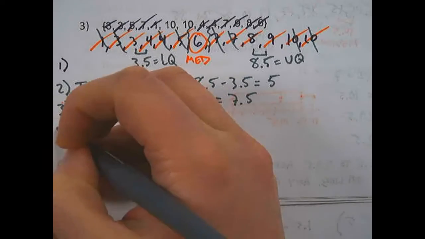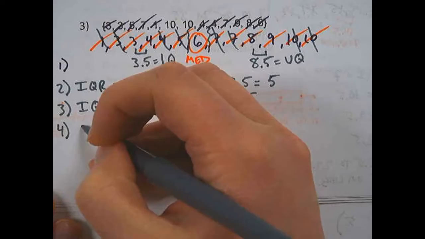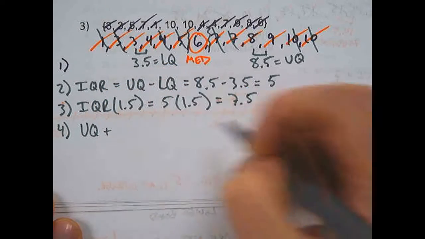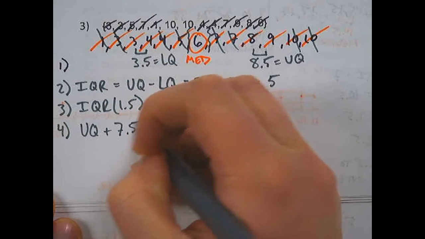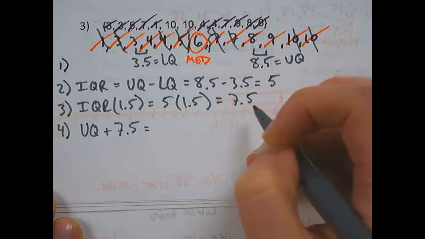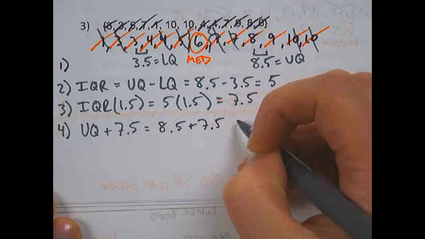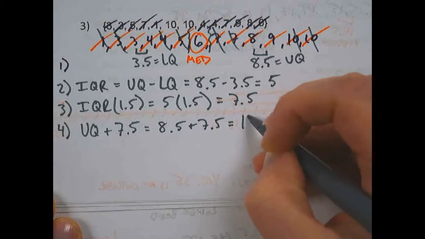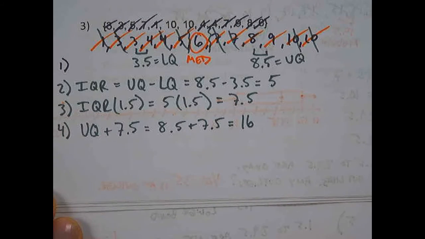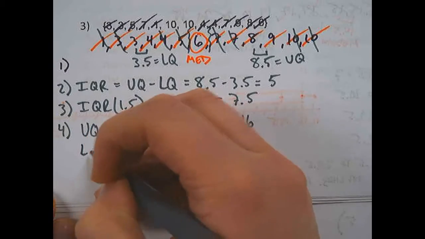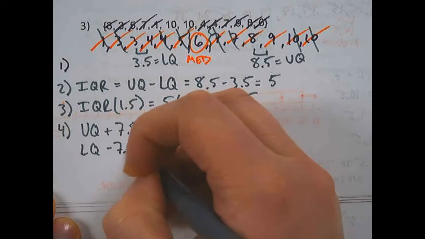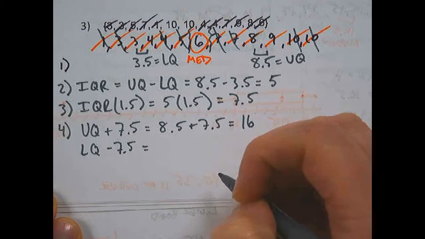Now for our 4th step, we're going to take our upper quartile plus that number, so plus 7.5. So 8.5 plus 7.5, which is 16. And then we're going to take our lower quartile minus that number, so minus 7.5.